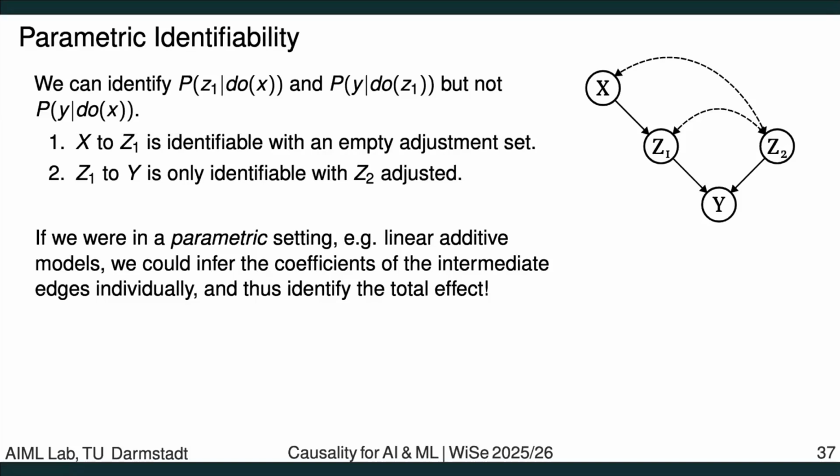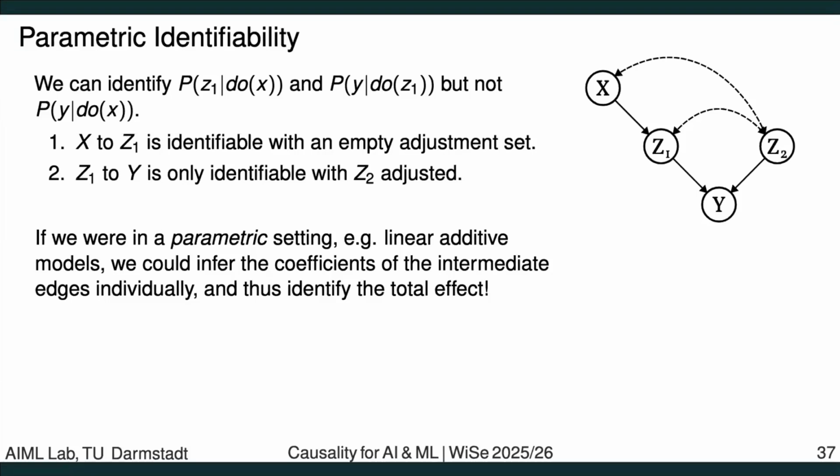Again, we want to identify do X having whatever effect on Y. We can identify the effects of do X on Z1, so this part. We can identify Z1 on Y, but we cannot, even with the help of do calculus, identify this whole thing.